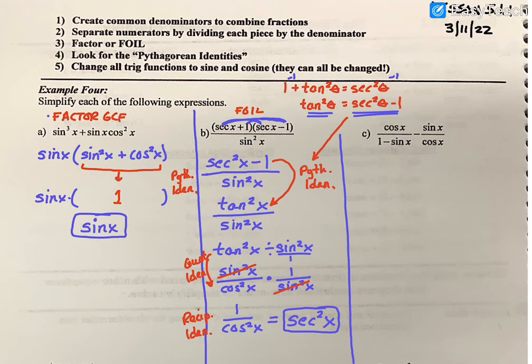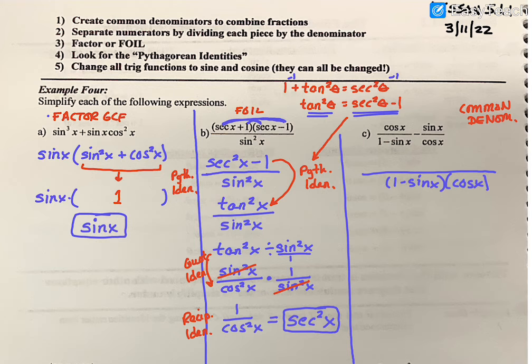To get a common denominator, we have to combine our two denominators. Right now, our two denominators have nothing in common. So our common denominator is going to be the first denominator of 1 minus sine x times the second denominator of cosine x.